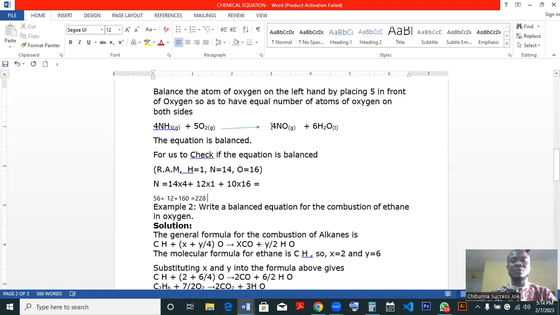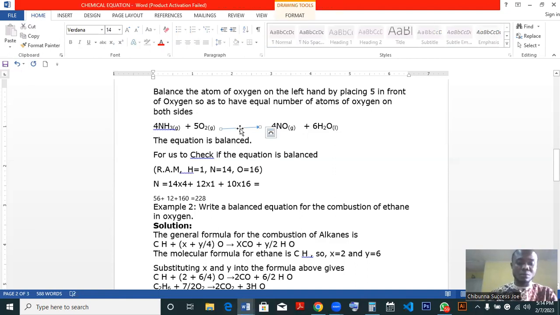Now let us check for this side if we are going to have the same thing. So for nitrogen, let me copy this arrow and paste it here.